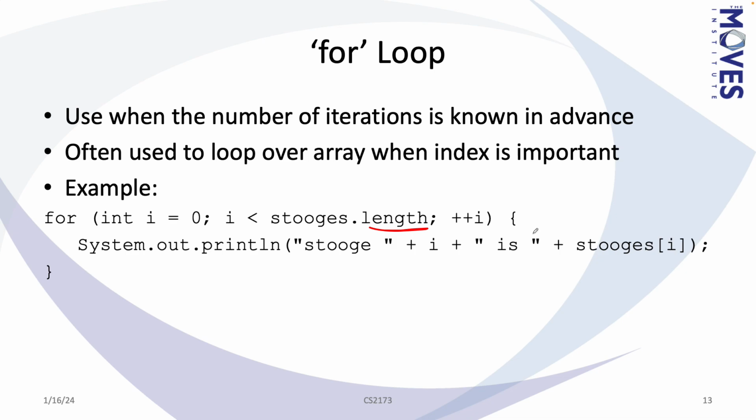So that relies on a couple of things. One is that the size of an array cannot be modified. If I declare an array of a certain size, then it's that size now and forever. And so it knows what its length is.